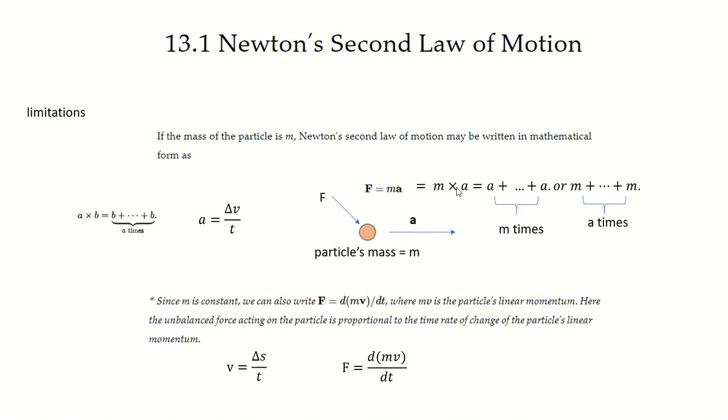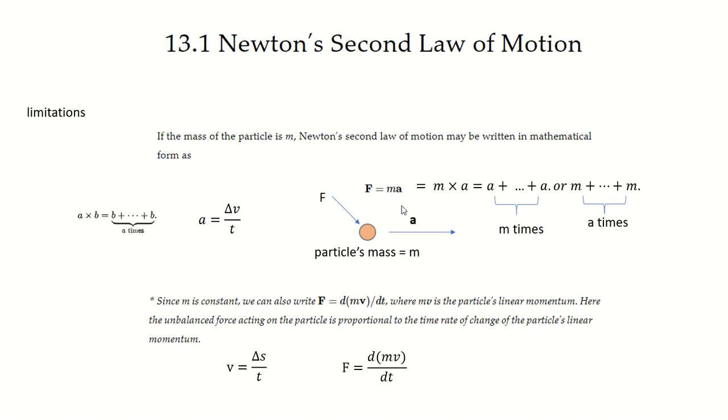Again, the operation is multiplication, so every time you have a multiplication, what you're doing is adding that many times, exactly the same as you can go with a, m times or m, a times, it doesn't really matter, it will give you the same magnitude.